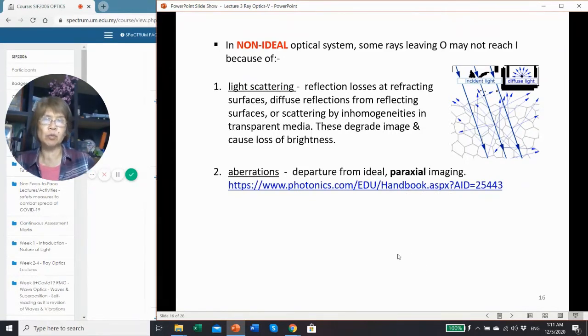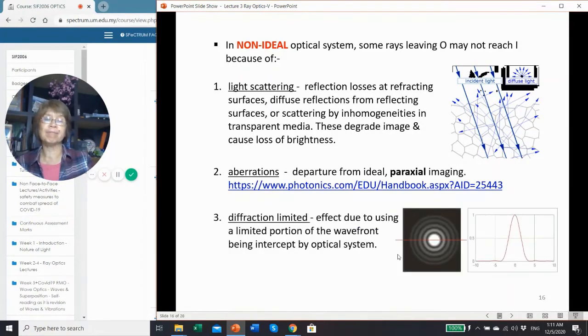Another problem would be aberration. What do we mean by aberration here? It is a departure from ideal paraxial imaging. And of course, we also have the problem of diffraction limited images. This effect is due to using a limited portion of the wavefront intercepted by the optical system.